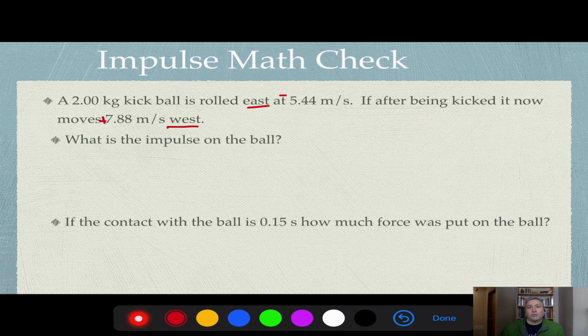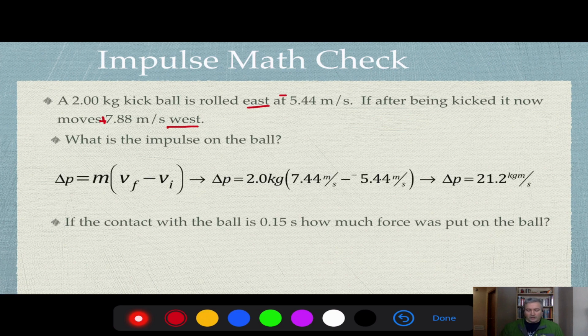So the impulse of the ball is the change of momentum. So we can just find the change of momentum by taking the mass of the ball and the change of velocity. And it's 21.2 kilogram meters per second.